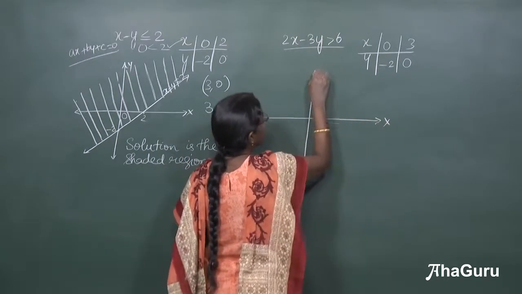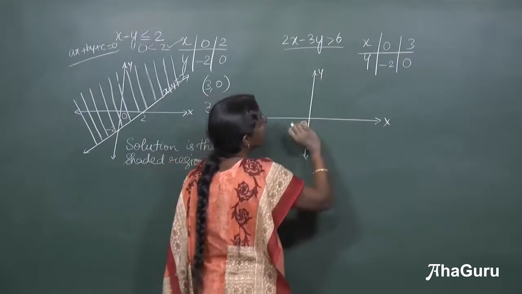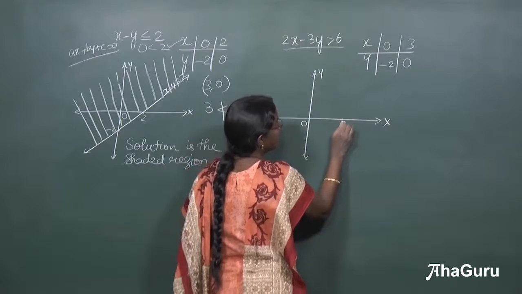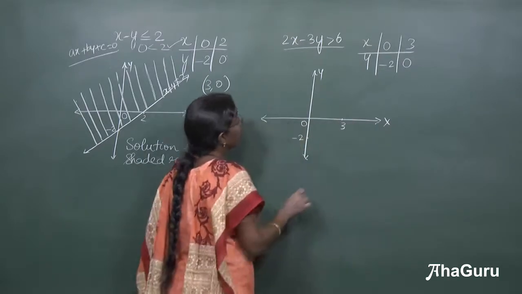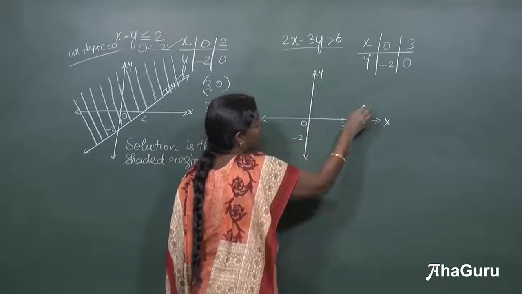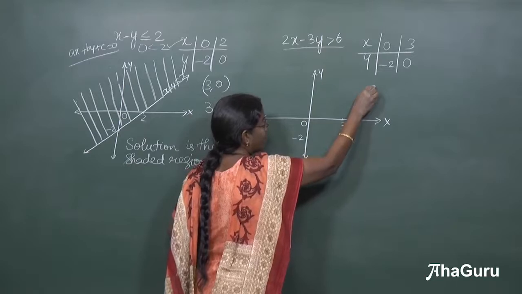When you are doing it in the graph, take a proper scale and then proceed, and write the scale also. x is equal to 3 and y is minus 2. It is a strict inequality. First I will draw it and then make it into a dotted line.